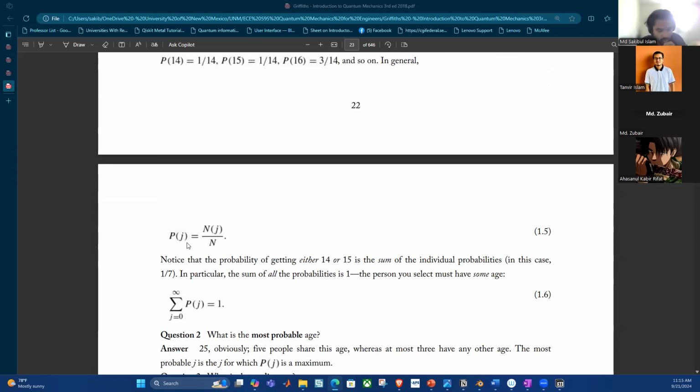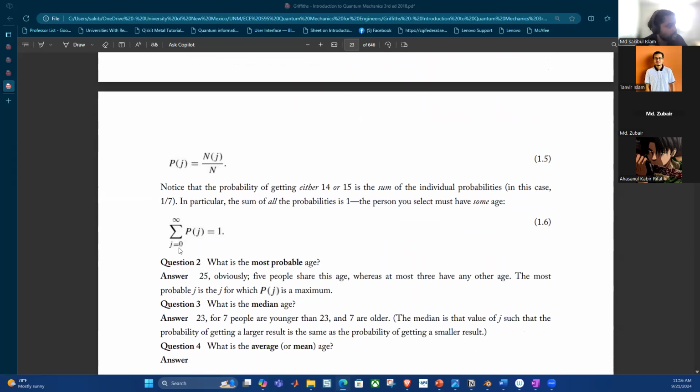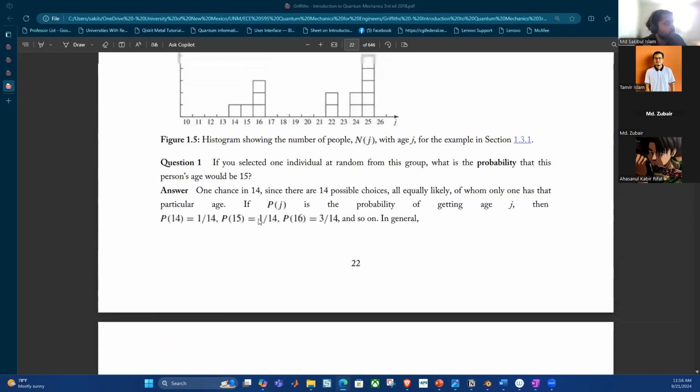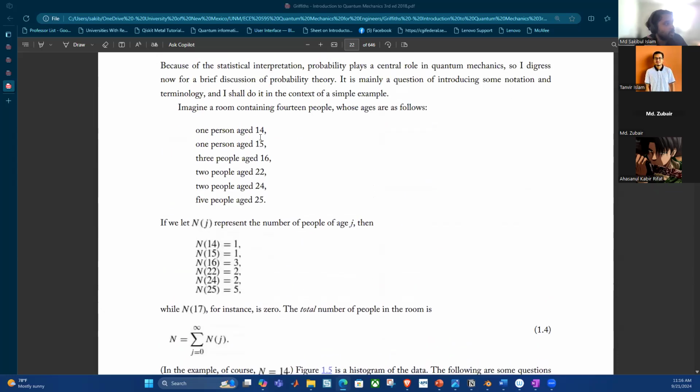And one thing we all know, that the summation of all probabilities should be one. So, let's say the probability of finding a person that has age 14, some probability of finding a person that has age 15, age 16, age 22, age 24, 25.